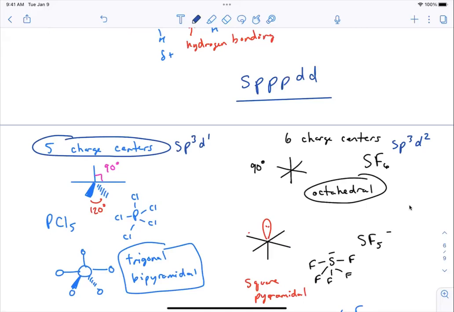It'd probably be unhybridized p orbitals still.